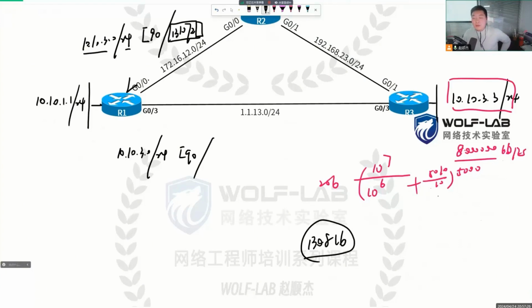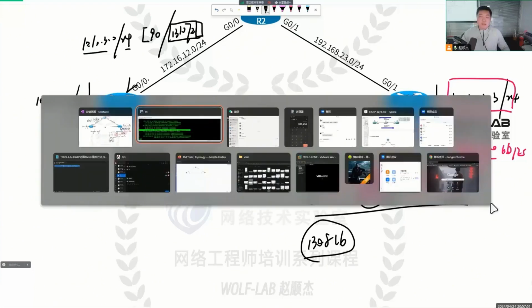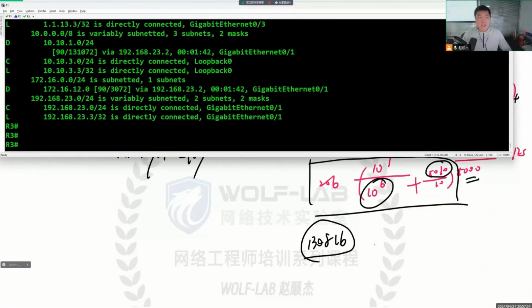For example, in this route, bandwidth remains unchanged, keep as is, delay we can fiddle with. From our declared route entry's source interface, loopback 0 interface delay 5000, plus the sum of the incoming direction delay, R1's interface 0.3 delay is 10 microseconds, so 5010.